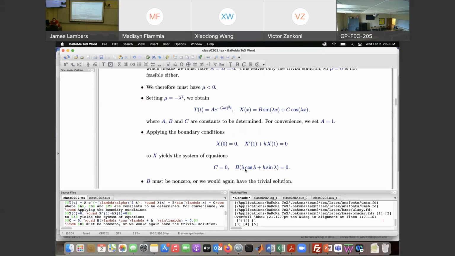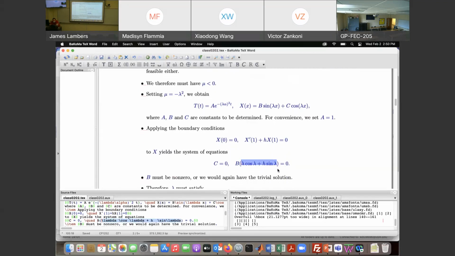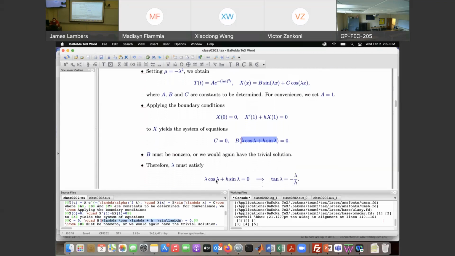One of these factors must be 0. B has to be non-zero, otherwise there's no sine term either. We once again have a trivial solution. So B has to be non-zero, so this has to be 0.